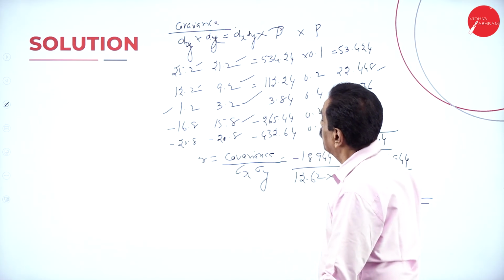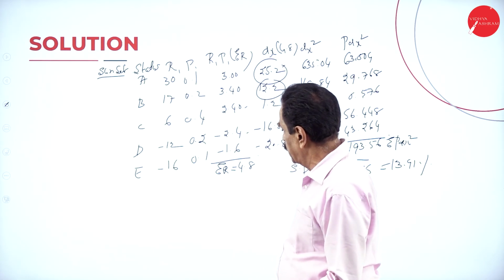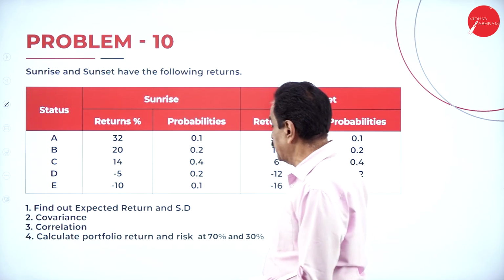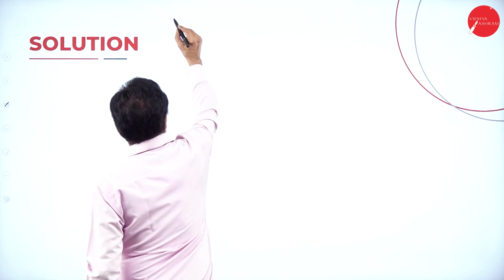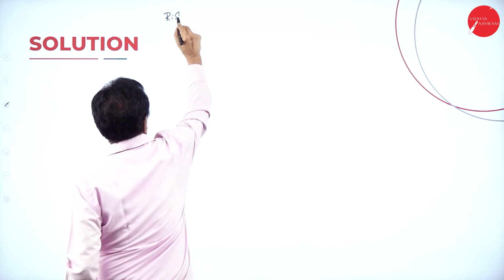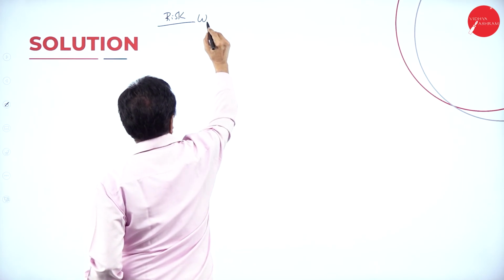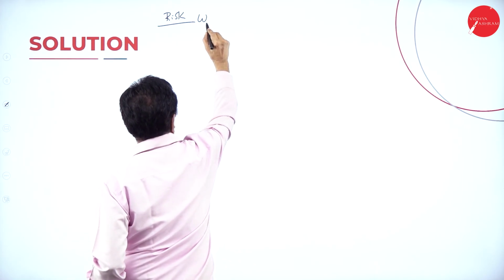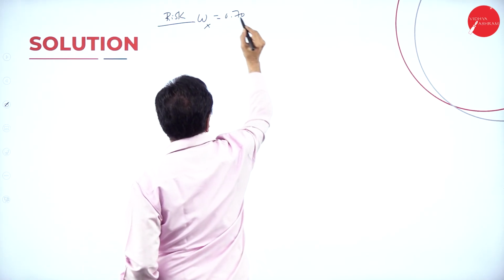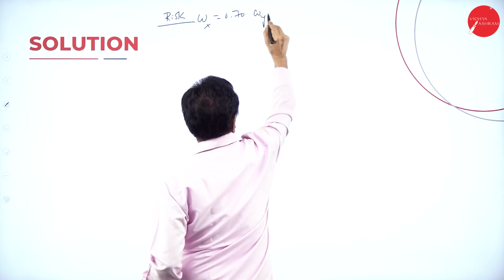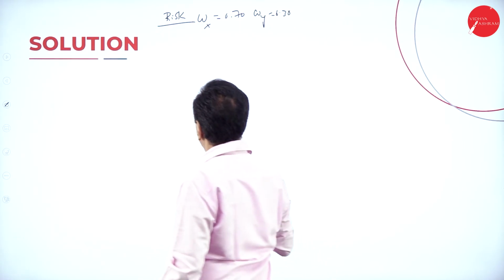Then we'll go to the last one. Here risk is 70%. Assume that Wx is 0.70, Wy is equal to 0.30. What's the formula?